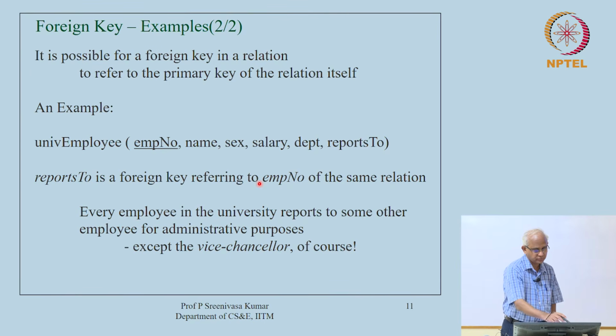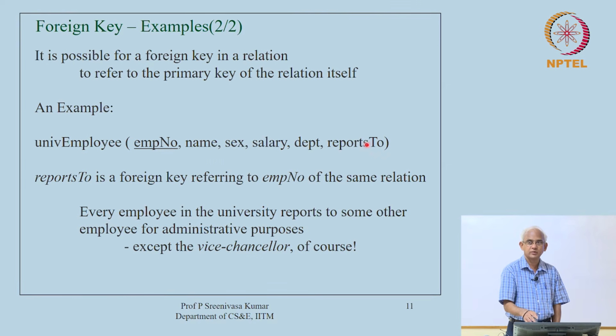Okay. It is possible for a foreign key in a relation to refer to the primary key of the relation itself. Let us look at an example. Let us say you have a university employee with employee number, name, sex, salary, department and reports to.